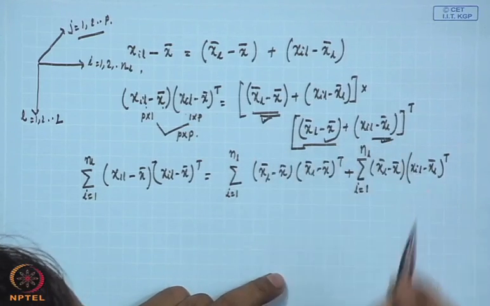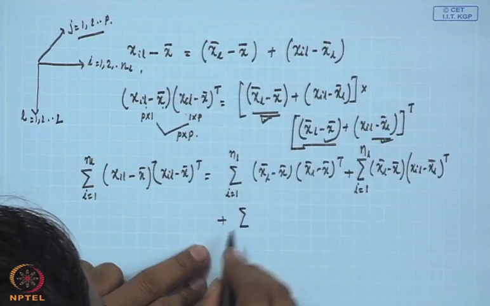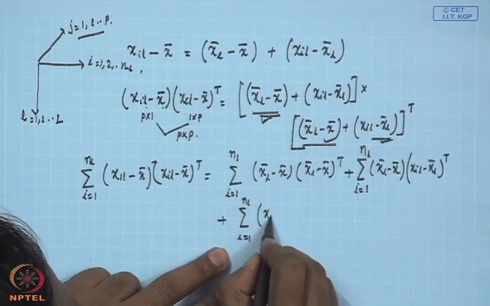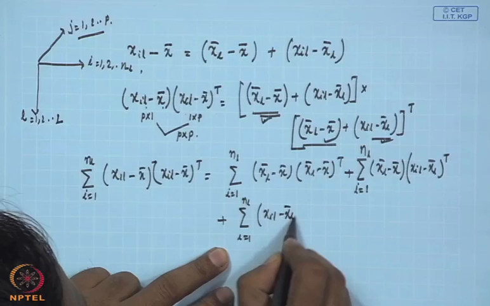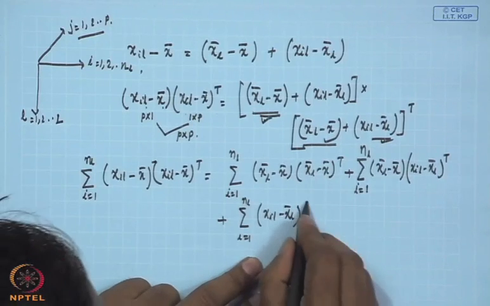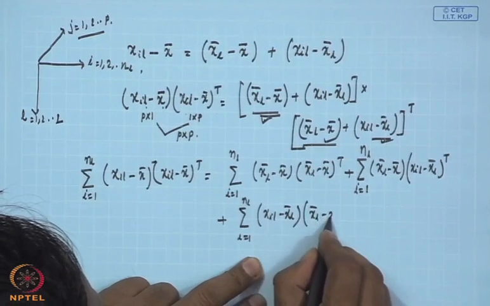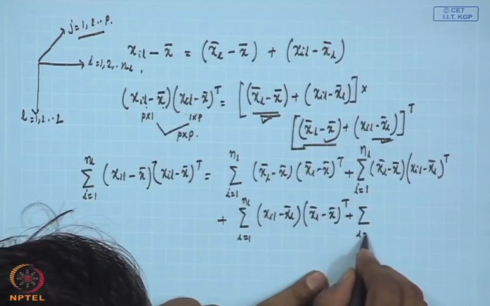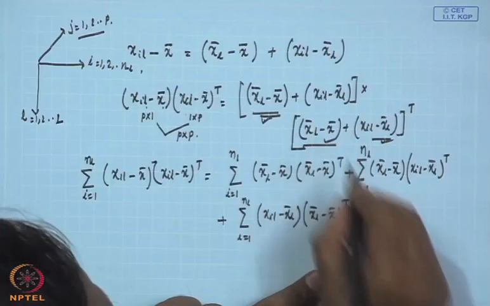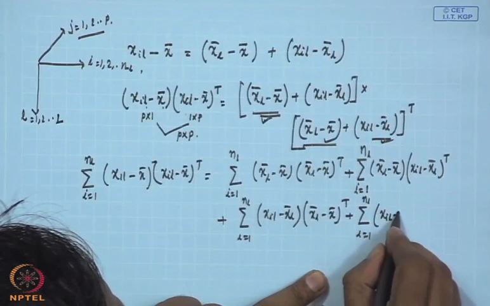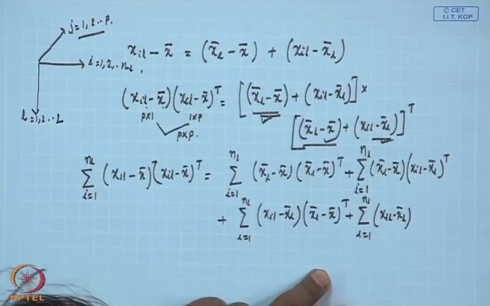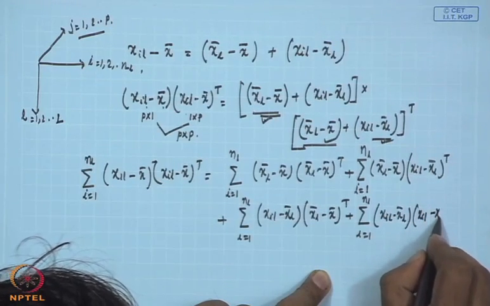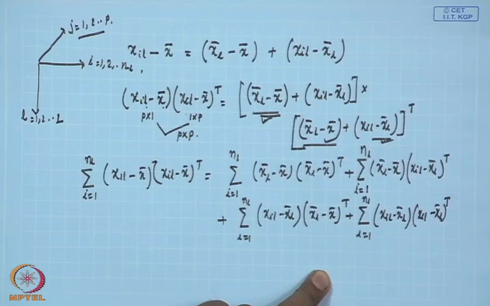So, first one to the second one here, plus the sum total of I equal to 1 to n L, going to the second one: XIL minus XL bar into XL bar minus x bar transpose, plus the sum total of I equal to 1 to n L of XIL minus XL bar into XIL minus XL bar transpose.